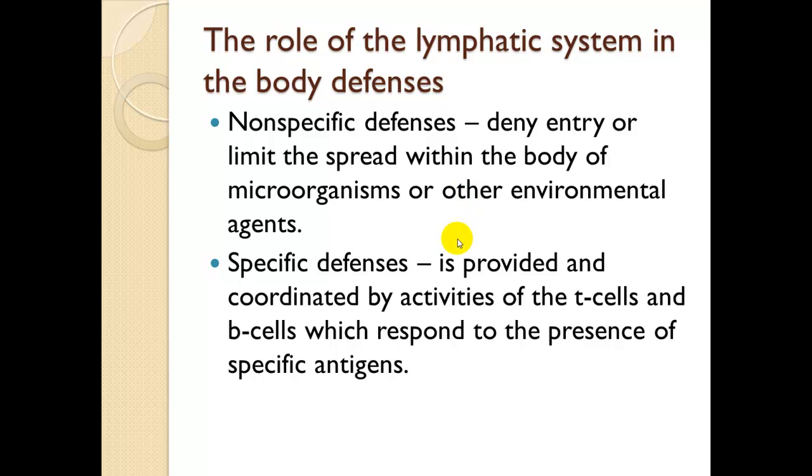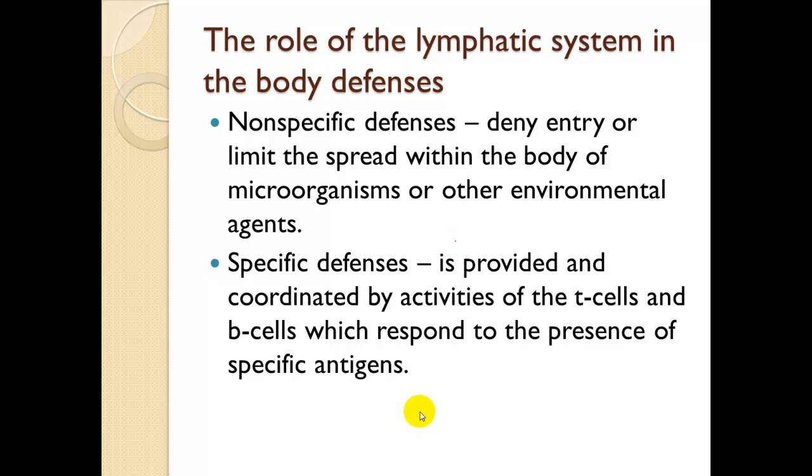Role of the lymphatic system in the body's defenses. It has two roles, nonspecific and specific defenses. In the nonspecific defenses, which means that it's not really specific for anything, they deny entry or limit the spread within the body of microorganisms or other environmental agents. Specific defenses are provided by the coordinated activity of the T cells and B cells, which respond to the presence of a specific antigen.